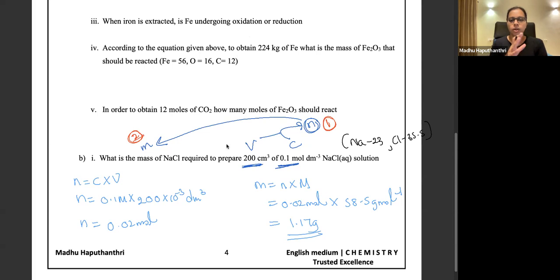So always look to see what information is given to you and what they are asking. So volume is there, concentration is there, and finally they're asking for the mass. So directly we can come through number of moles, because C and V is there, it should be ringing a bell in the head that we should be going to N. You know N means getting M is nothing. Right. The next one.